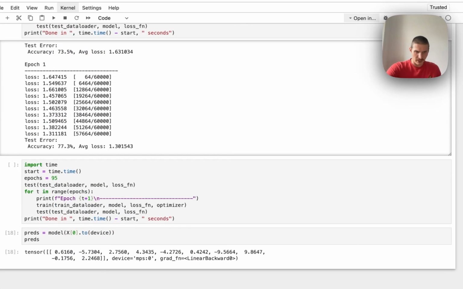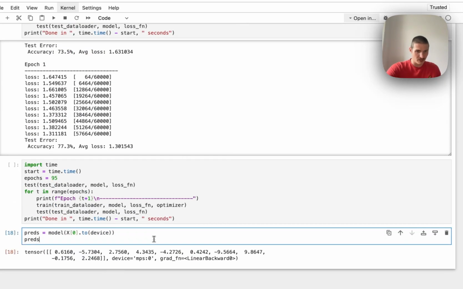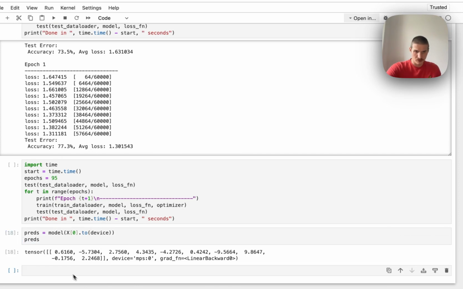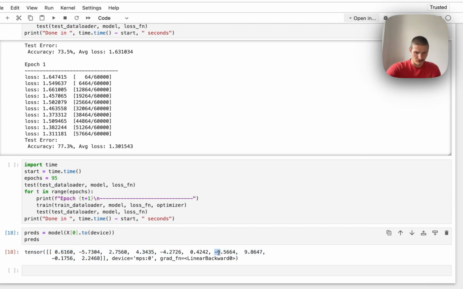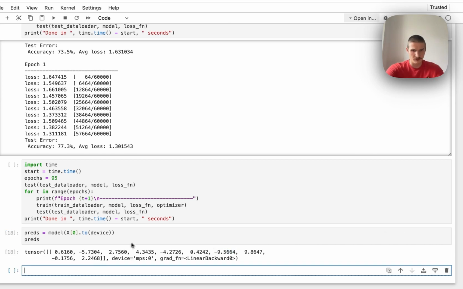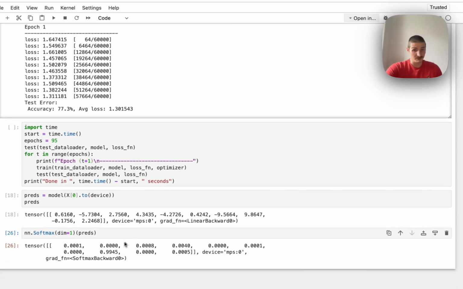And let's also look at the same thing after the training. So now the actual predictions are completely different. Some of them are negative and quite high, and then some of them are positive and quite high. Then if we take softmax of this, we get a different picture.